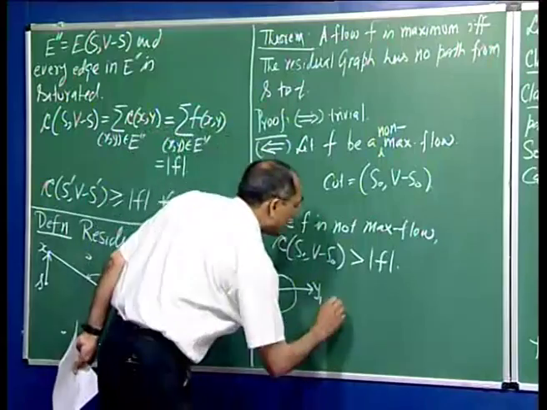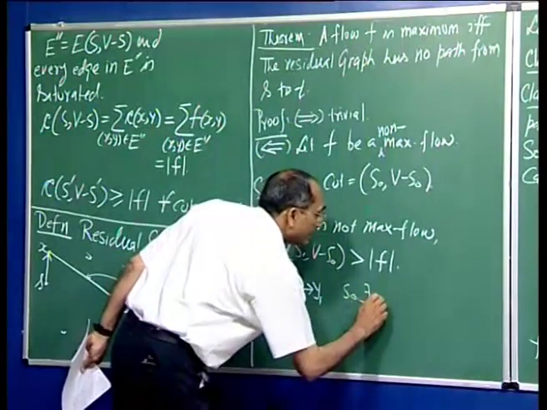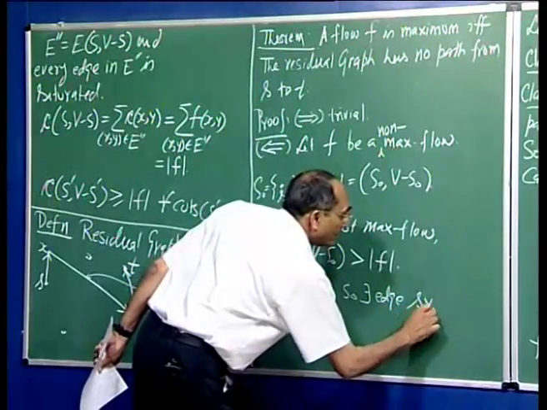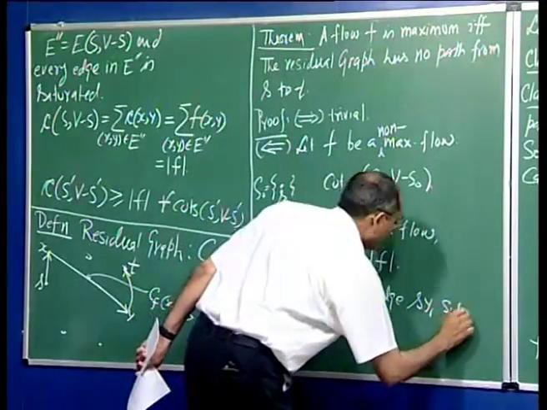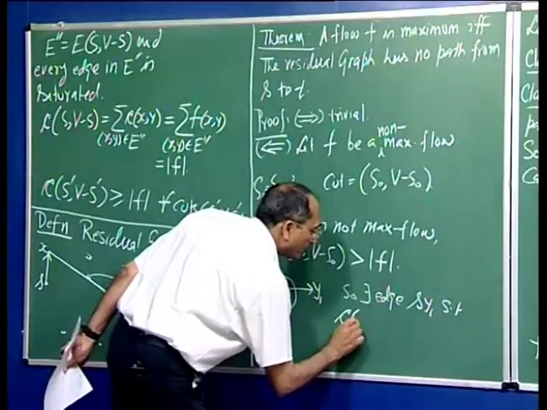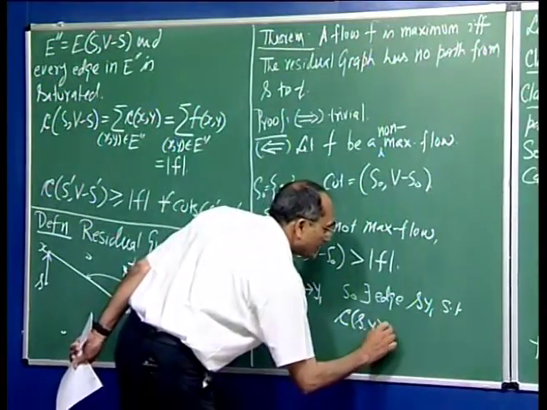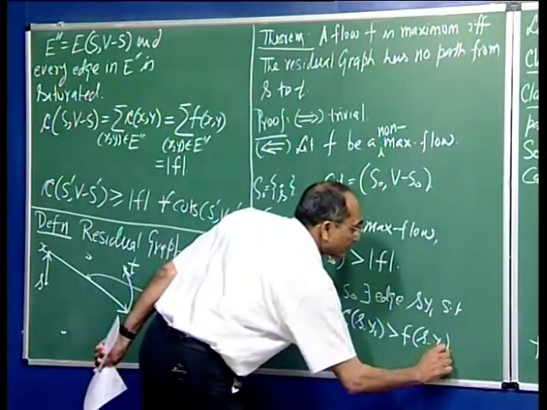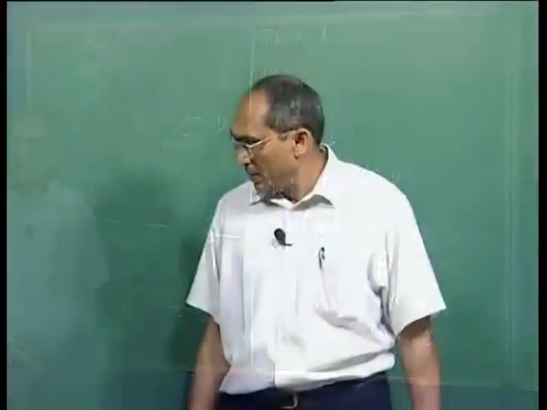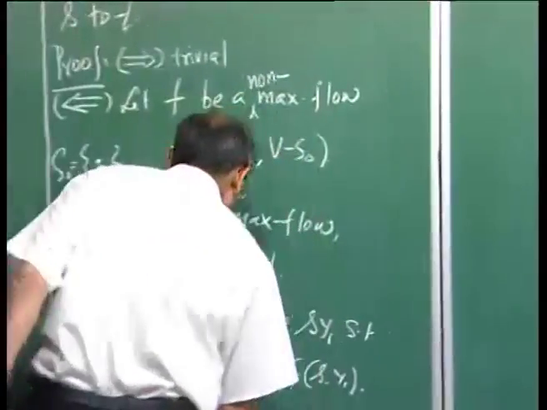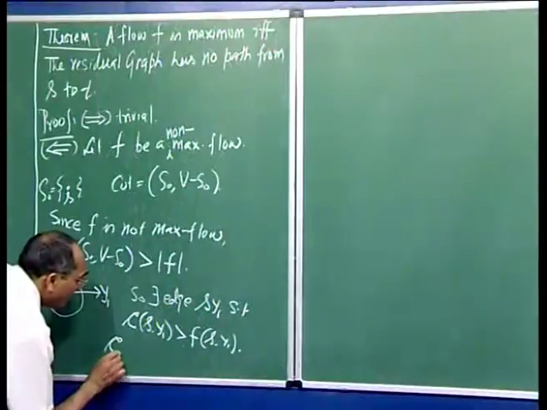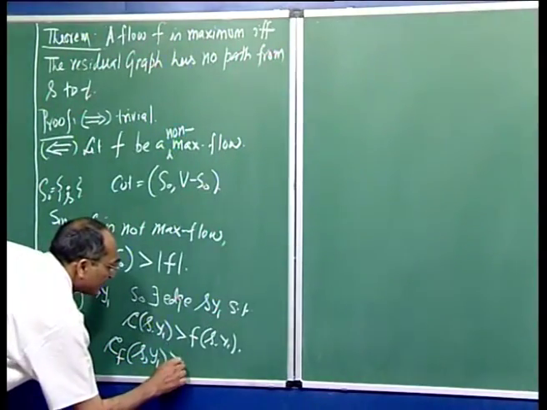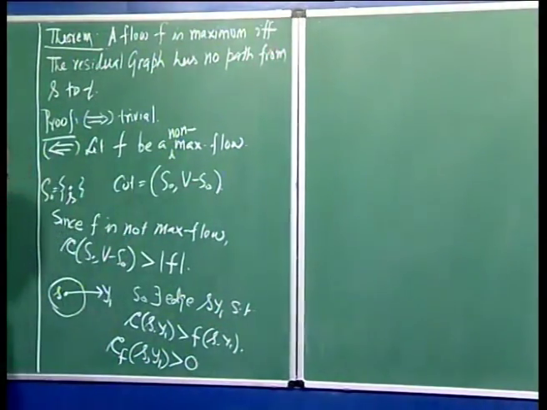So, there exists an edge SY1 such that the capacity of SY1 is strictly larger than the flow on it. In other words, the residual capacity, the CF of the edge SY1, is positive.